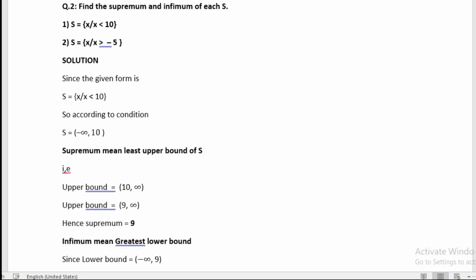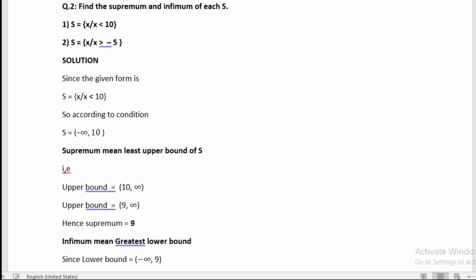Supremum means the least upper bound of S. The upper bounds are in the form of 10 to infinity, hence the supremum is equal to 9.